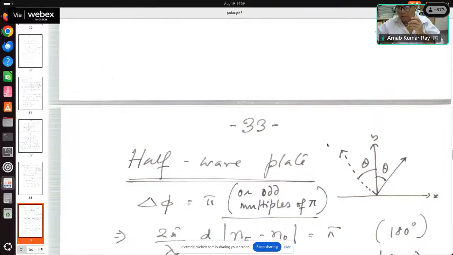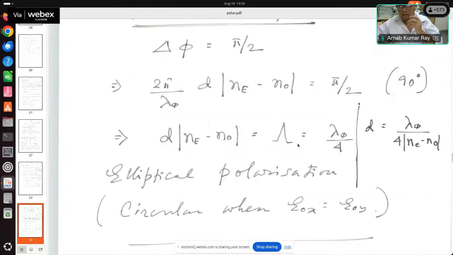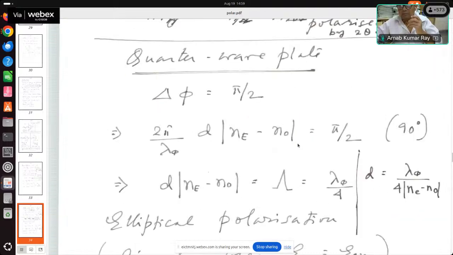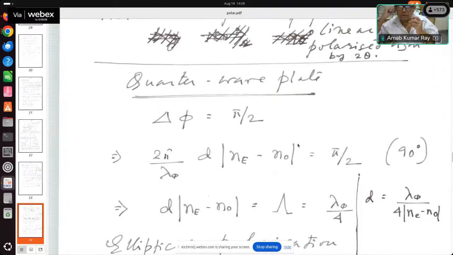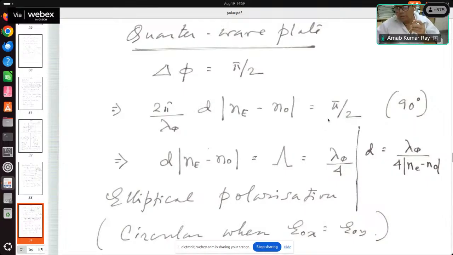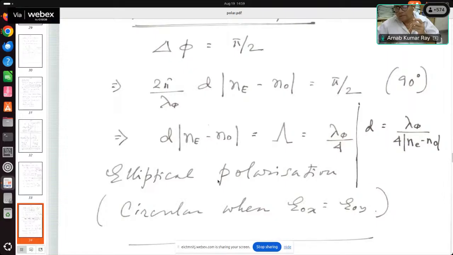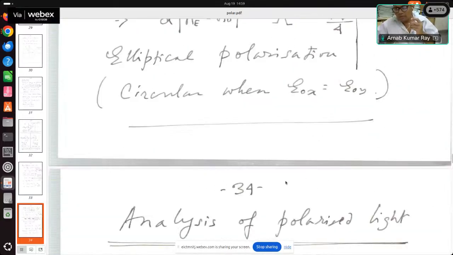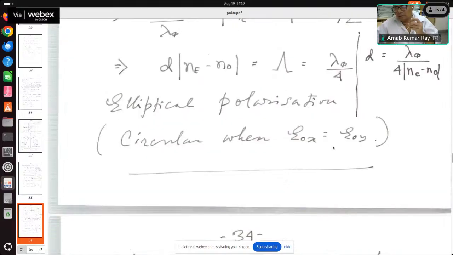Circular locus if the x amplitude and the y amplitude have the same value. So here it is, quarter wave plate, delta phi is equal to pi by 2 phase angle difference, and this is what you will have. On introducing a phase angle difference of pi by 2, you will get elliptical polarization, or circular polarization if the two components are the same.